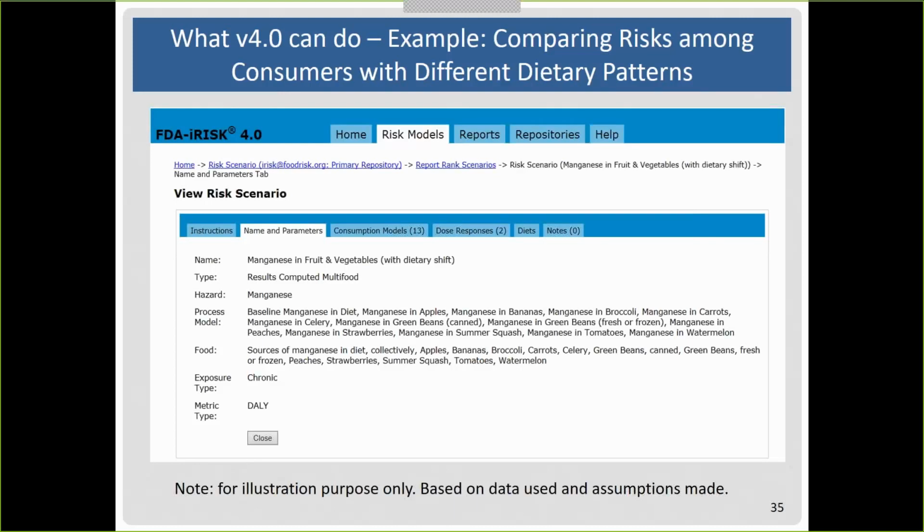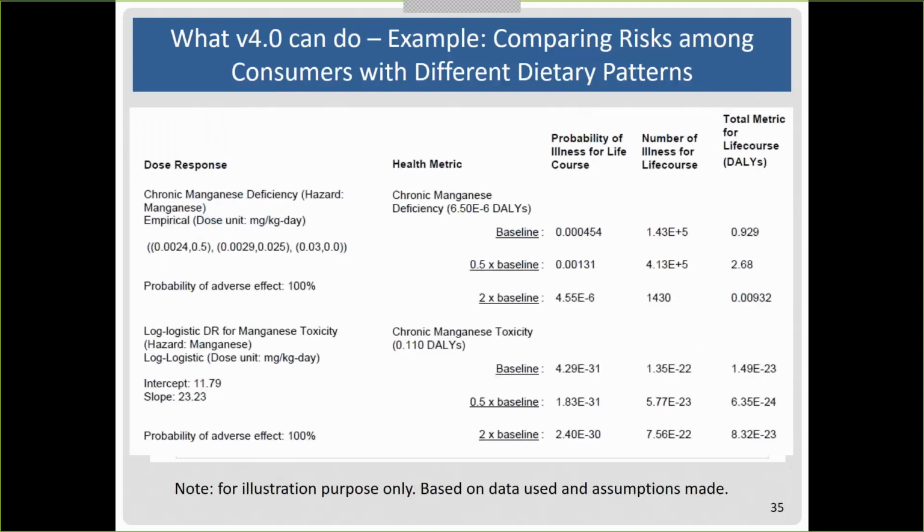In this example, a baseline is defined for a dozen foods. You see the definition for the process model for the foods and consumption patterns for these foods. Risk estimates are generated for the baseline and two other diet patterns, half the baseline or 2 times the baseline.